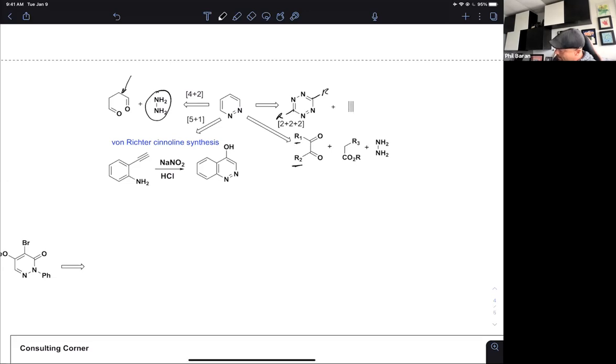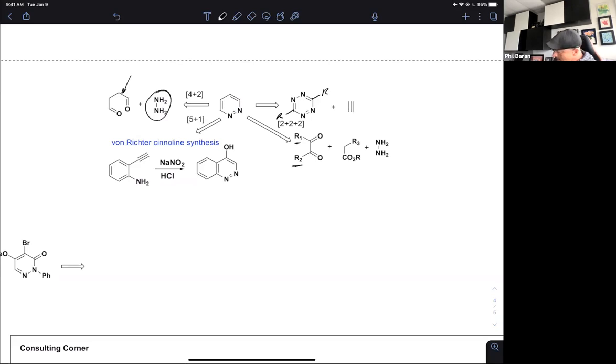And then you can also imagine, strongly depending on your R groups here, a condensation taking place reminiscent of Gewald for thiophenes, but now we've got the dicarbonyl condensing, and then after that, a hydrazine addition. Finally, one that is really good to remember is when you're making these cinnolines, the von Richter cyclization, wherein you can treat these compounds with sodium nitrite, you diazotize, and then those will collapse and cyclize on to make these types of cinnoline-like products.